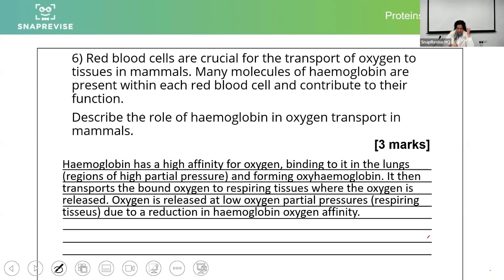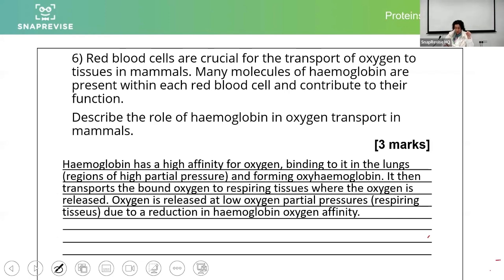It then transports the bound oxygen to respiring tissues where the oxygen is released. How? Because oxygen is released at the low oxygen partial pressure, so the bottom left part of my curve, at respiring tissues. Respiring tissues have low partial pressures of oxygen because they're using the oxygen for respiration. And so my hemoglobin is going to have a lower affinity at the respiring tissues.